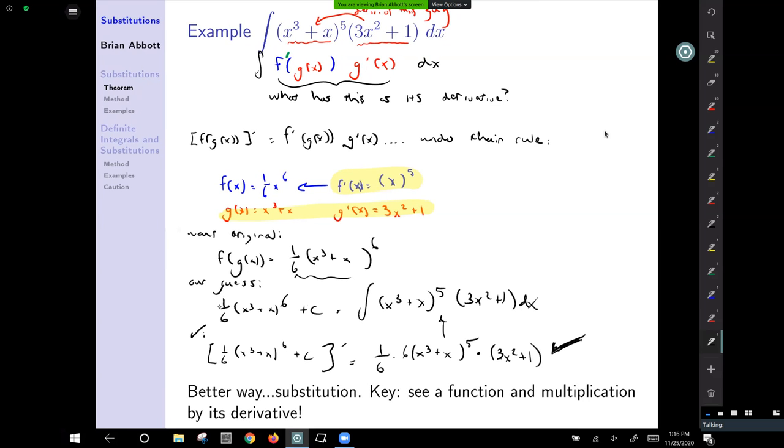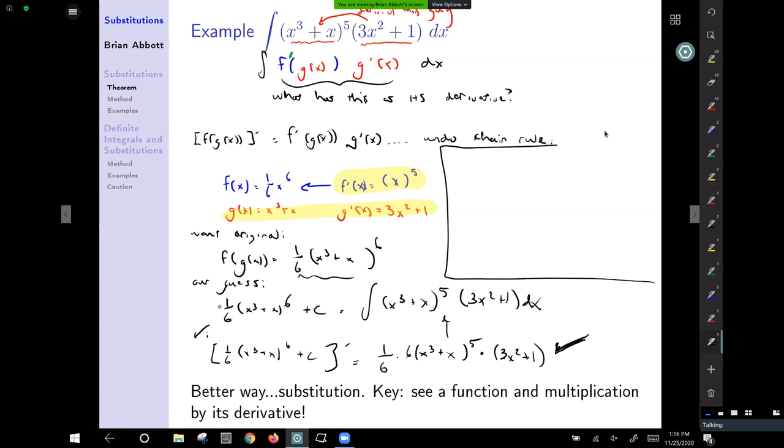And the key to substitutions: how do you know when you should use a substitution? The key idea is to get used to recognizing when you can see a function and multiplication by its derivative.